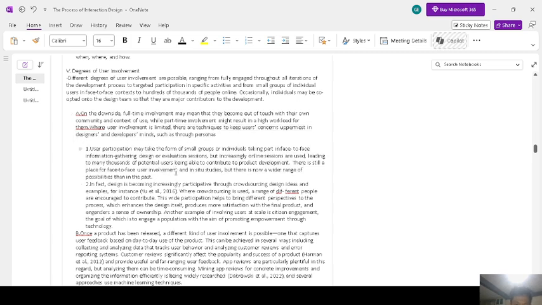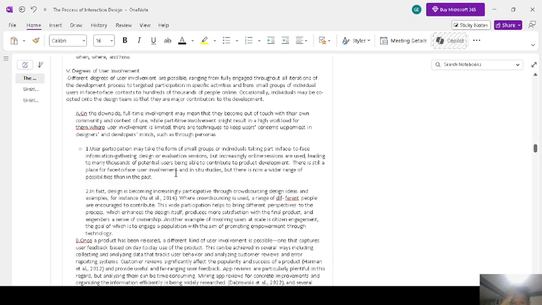So user participation may take the form of small groups or individuals taking part in face-to-face information gathering, design or evaluation sessions, but increasingly online sessions are used, leading to many thousands of potential users being able to contribute to product development. There is still a place for face-to-face user involvement and in situ studies, but there is now a wider range of possibilities than in the past.